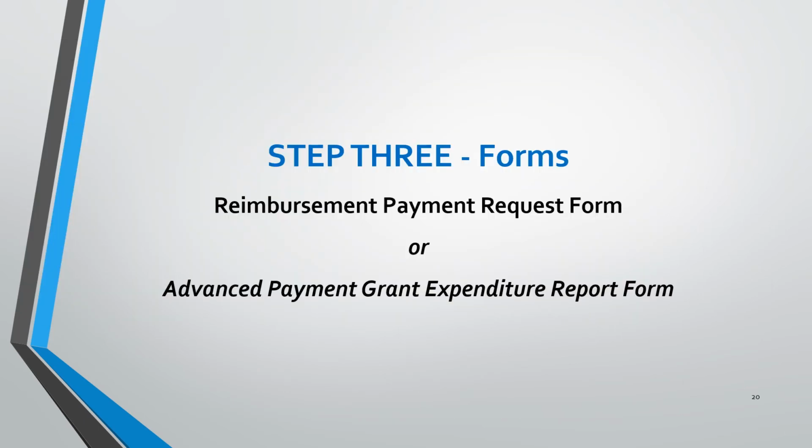The third step is to complete the forms. The payment request form is completed last because it's not until you've gathered all of your supporting documentation, your invoices and receipts, and itemized all your eligible expenditures on the budget expenditure spreadsheet that you know how much you're going to be either requesting for reimbursement or reporting that you have spent.